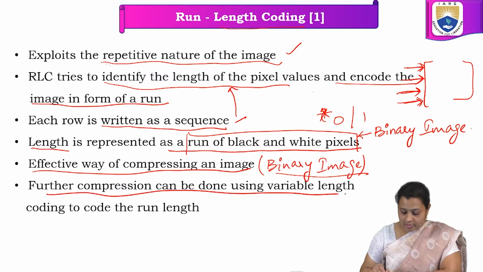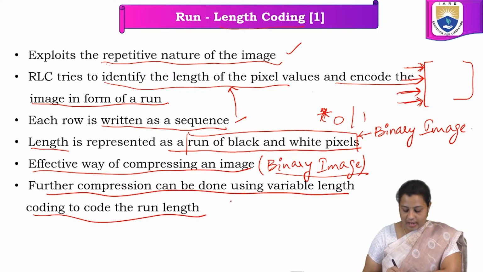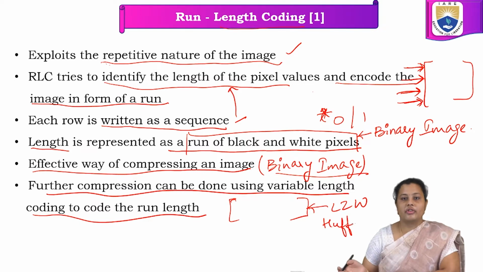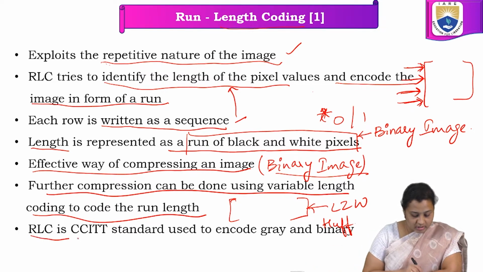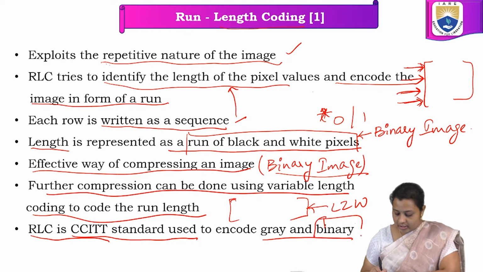Further compression can be done using variable length coding. After run length coding, we will have a sequence, and we can use Huffman coding, Shannon-Fano coding, or LZW coding to reduce redundancy and achieve a better compression ratio. It is used in the CCITT standard to encode gray and binary images, and most importantly, it is used for binary images.